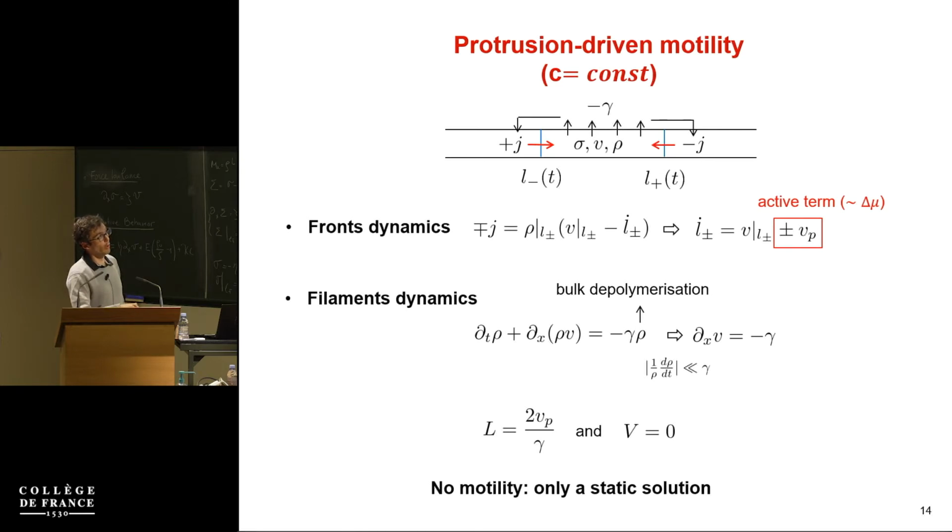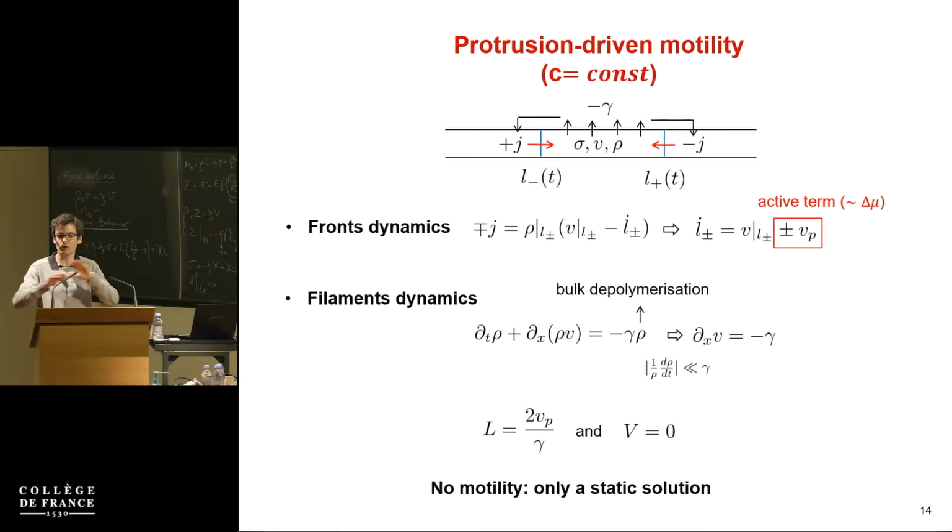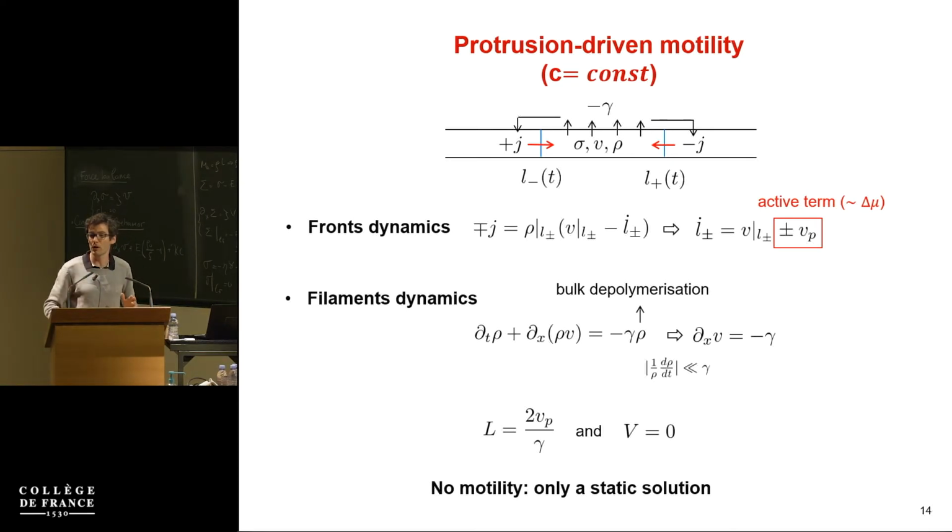And the velocity you know through the mass balance, which is just linear. You need to adjust a constant, and this constant is adjusted by force balance here, because if you integrate this with zero boundary conditions, you will have that the integral of the velocity is equal to 0, which sets the constant that you need, and then you have a velocity field which is linear, which represents two opposed retrograde flows, which is purely symmetric.